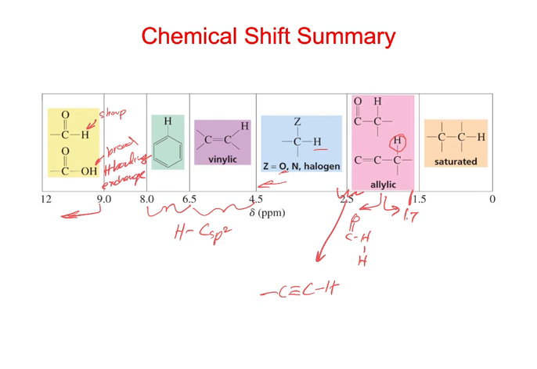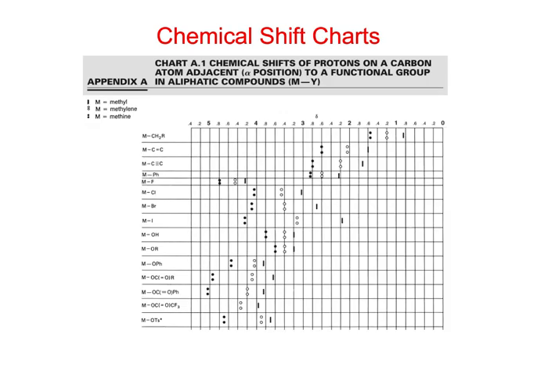And so also up here are the saturated ones, usually about 0.8 for methyl groups, up to 1.5 or so if they're more substituted. Some things like cyclopropanes can be way upfield, in the 0.3 or 0.2 or something like that.